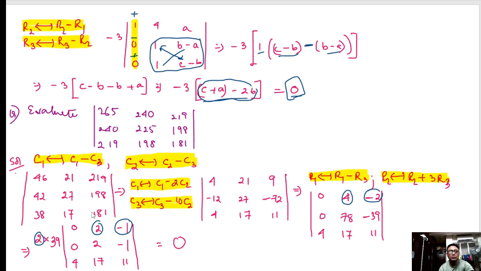So watch, please watch here. These two rows now become identical and the answer is 0.